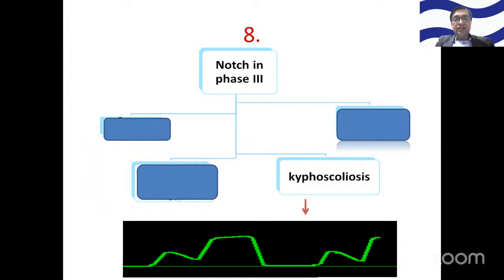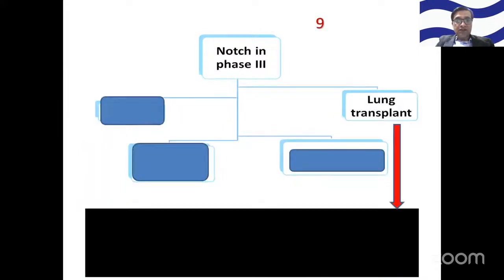Initially the restrictive lung will start pouring carbon dioxide, and then suddenly the normal lung will also join, and that's how you have another phase two in between, right? So the early part is very shallow, and then you will have a typical phase two and phase three. This is very common in kyphoscoliosis, where you get an early dip, the plateau comes a little low, and then you have a plateau at a higher level. That is typical of kyphoscoliosis.